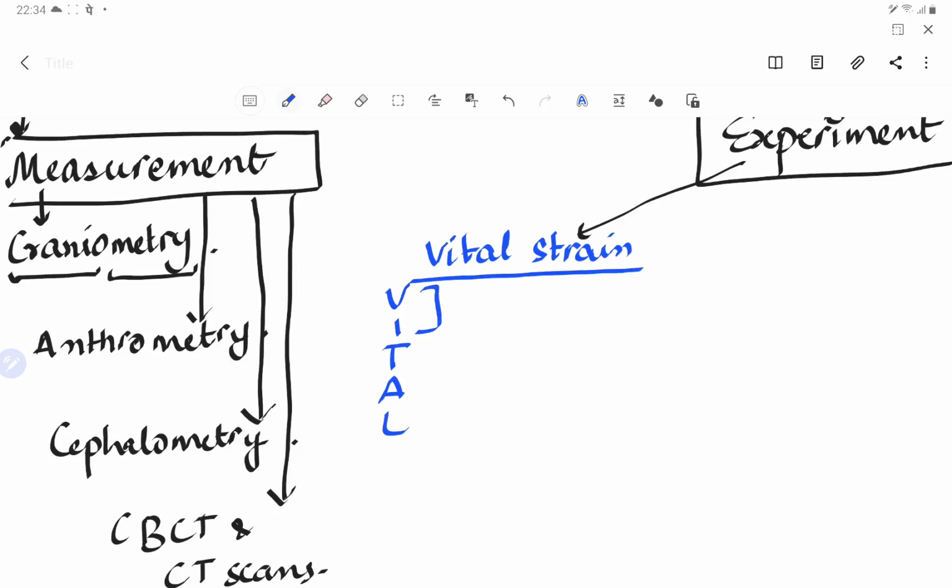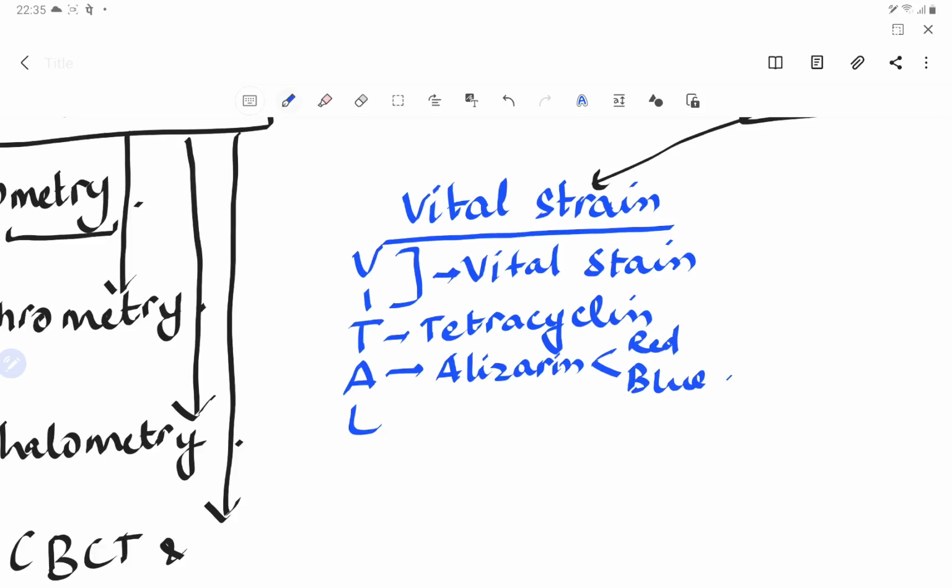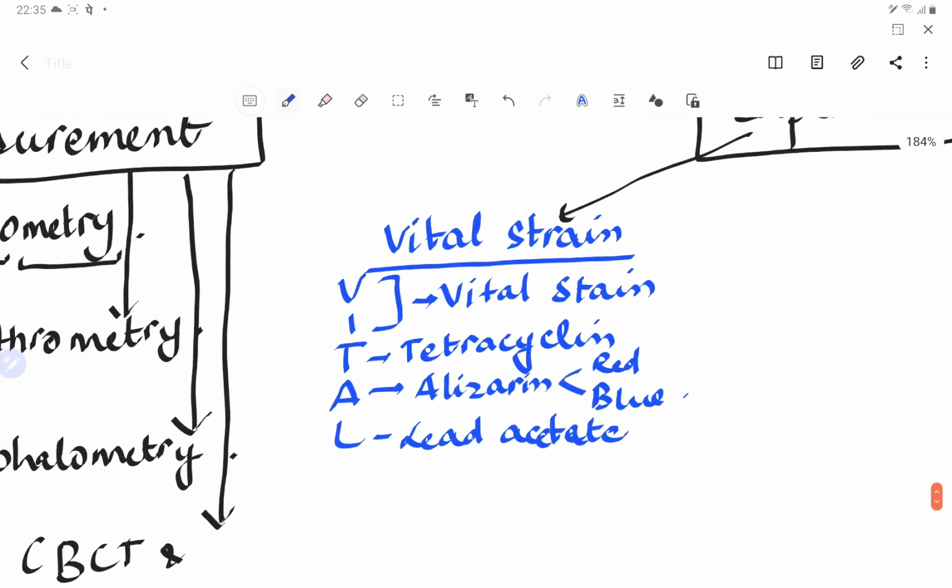VI means vital stains, T we have tetracycline, A we have two, basically alizarin red and acid alizarin blue, and L is lead acetate. So you can remember vital stains from VITAL.